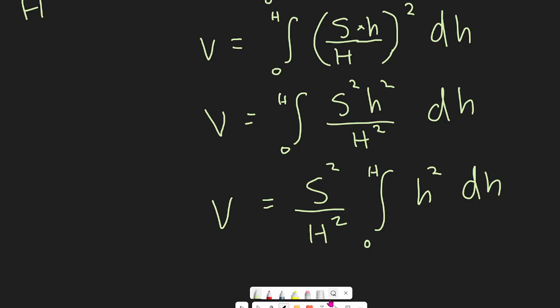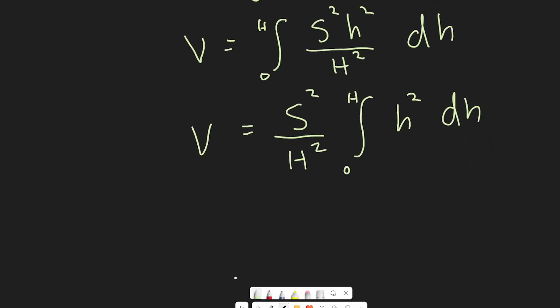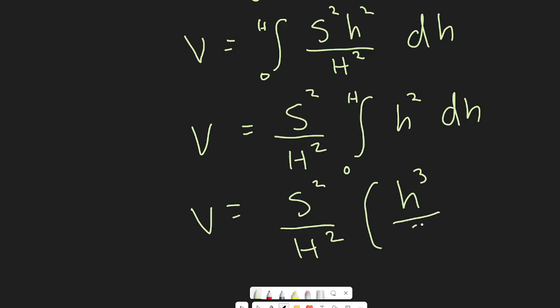And we know from our power rule that the integral of h squared would become, V is equal to S squared divided by H squared, and then h cubed divided by 3. So we just used our power rule. Okay, and now we have to substitute our limits.